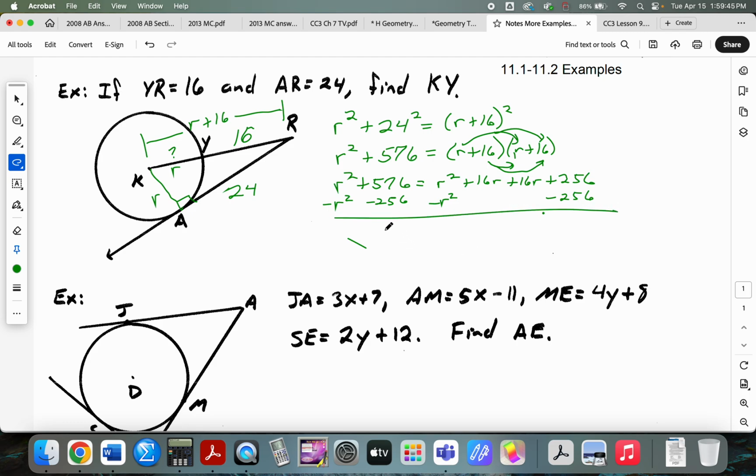And when we do that, we get 320 is equal to 16R plus 16R, which is 32R. And I just divide both sides by 32, and I get that the radius is 10, and KY was one of the radii.